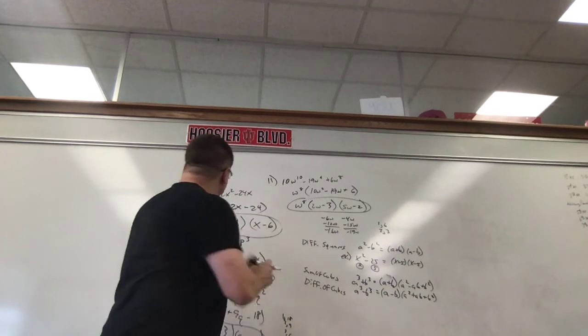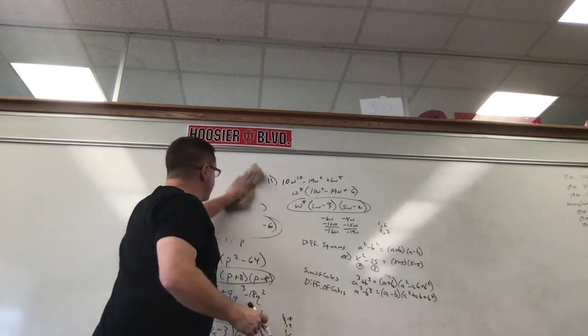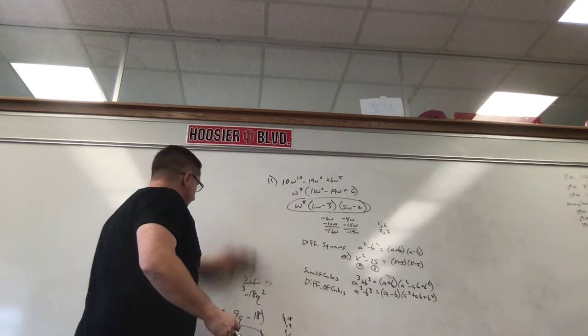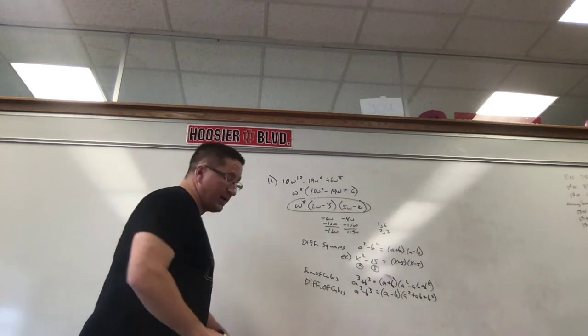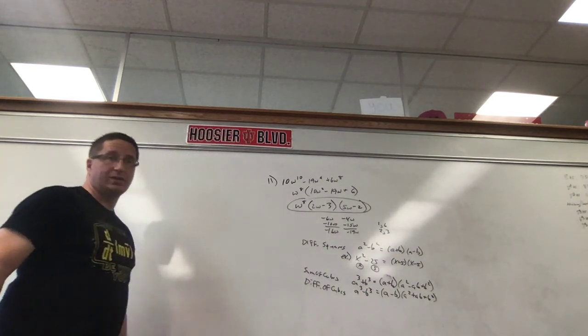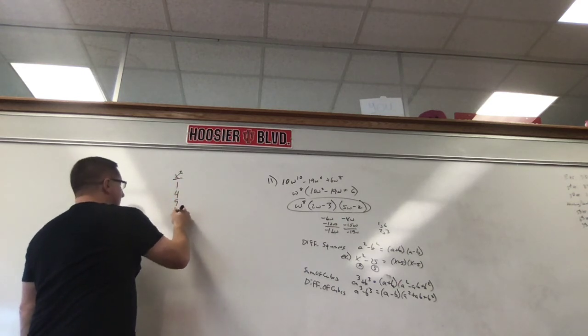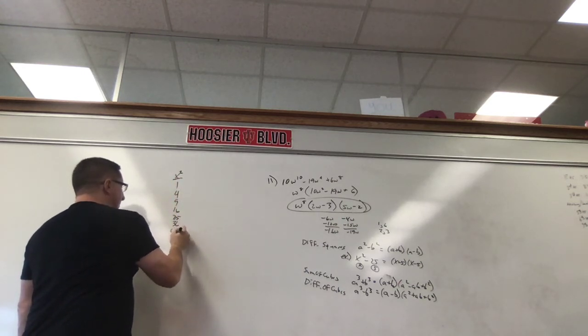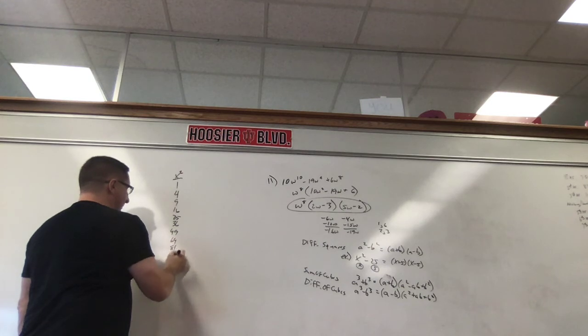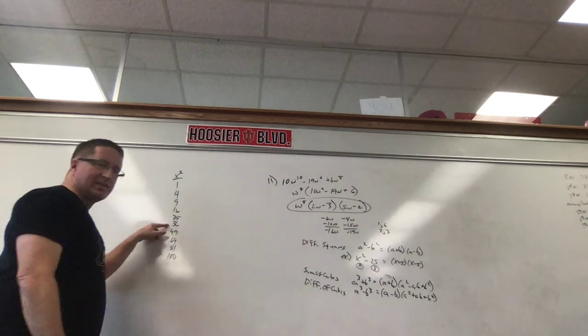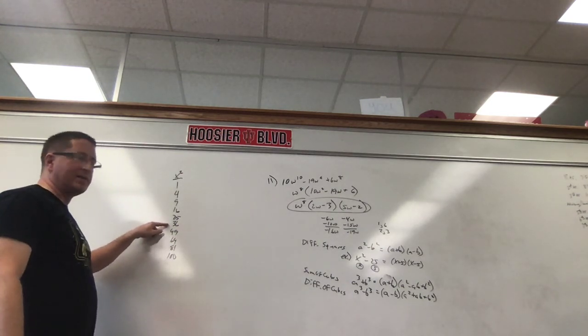Now, I've given you a list of squares before. I would really encourage you guys, add to that list of squares. I always tell students to write it right on the back of your folder so you're not going to lose them. So squares 1, 4, 9, 16. And I don't want you to memorize this list. I want you to understand it. Why is 36 the sixth number on the list? Because that's 6 squared, 6 times 6.